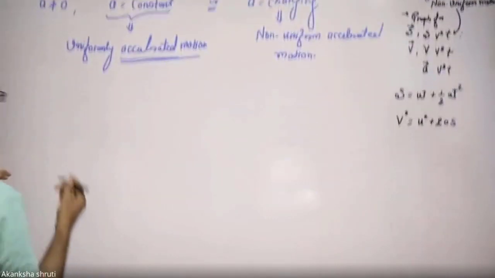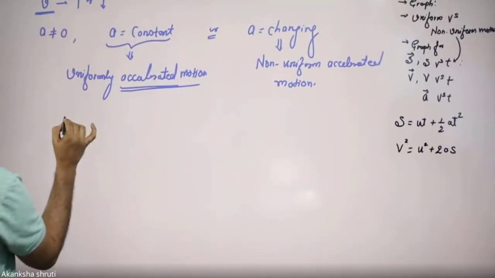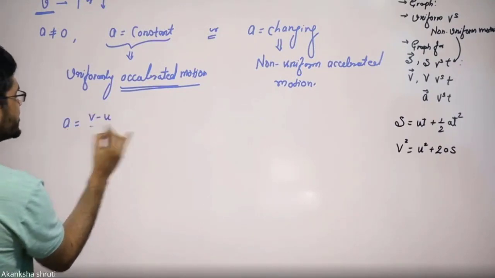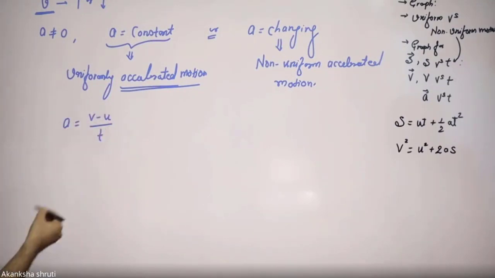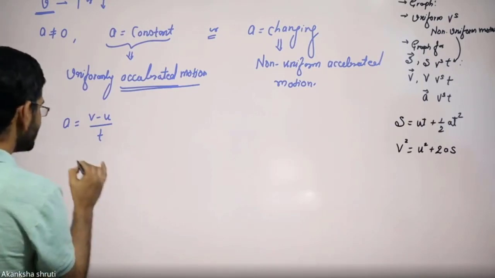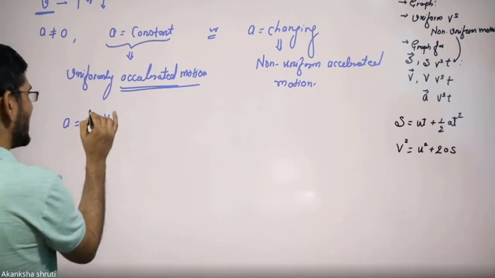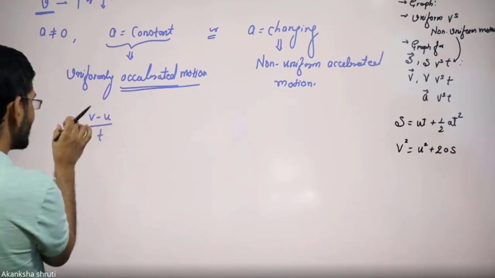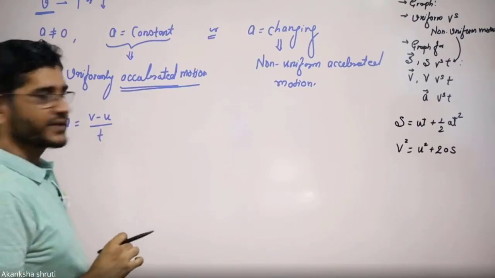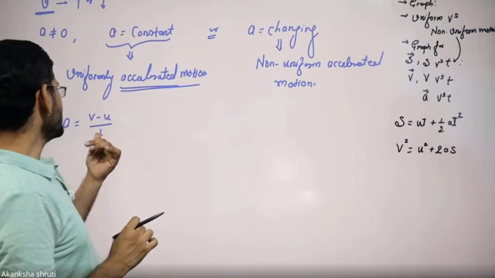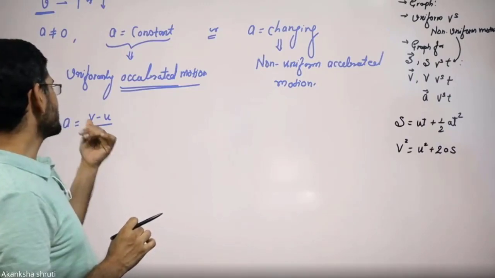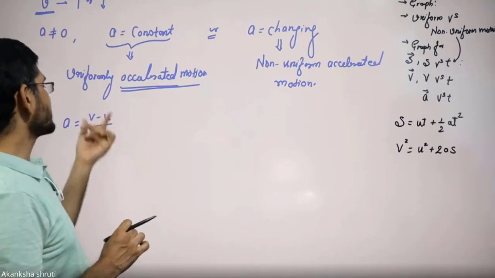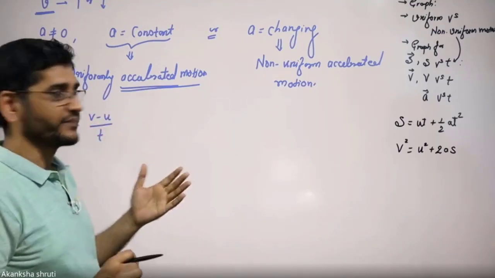Because we have learned that acceleration is given by (v minus u) by t. So, if t is constant and this change is fixed, then a will also come out constant. But if t is fixed but the change in velocity is not constant, then that will not be uniform.